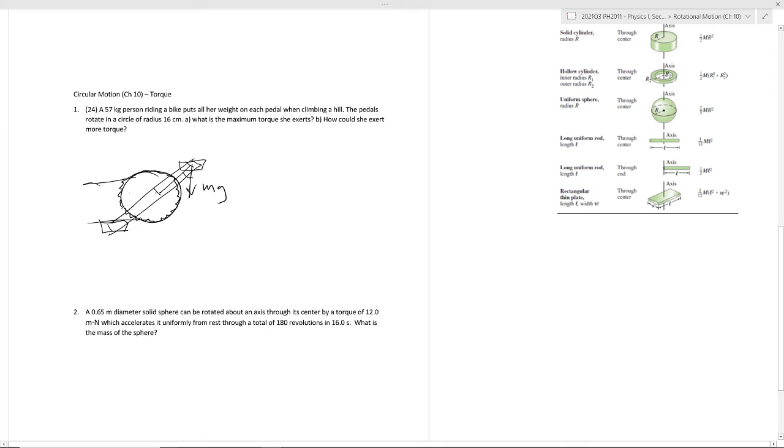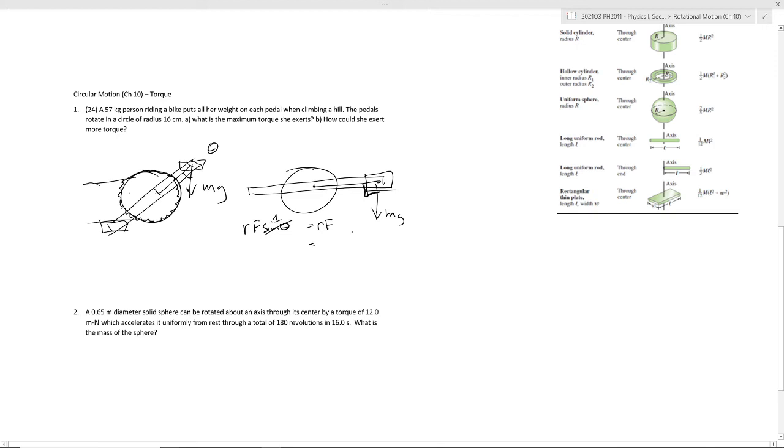The angle between them, call that theta, is going to be maximized when the crank is sideways or flat, because then the weight is pointing straight down and perpendicular to r. So your rF sine theta becomes just rF.